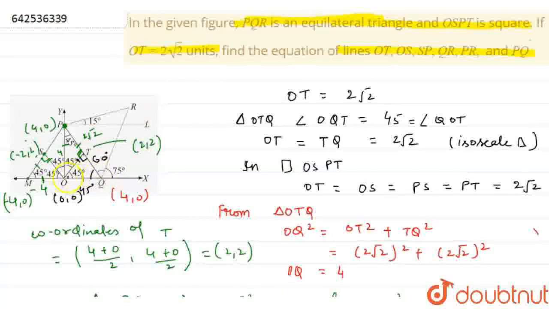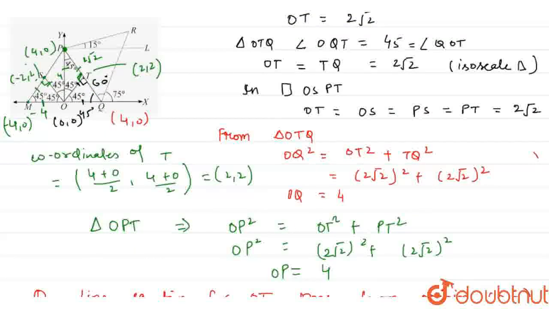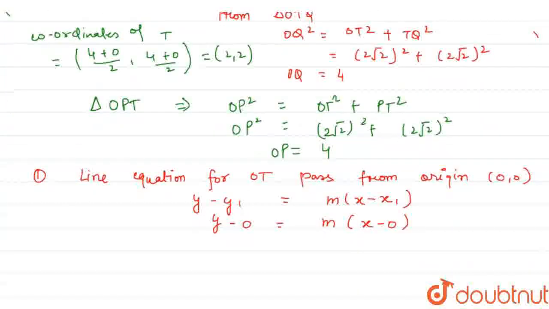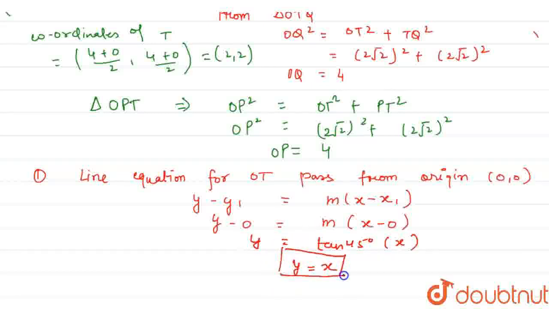This is a simple right angle triangle, so this will be tan 45. Okay. So we will put the value of m, the slope, in this expression. This is y is equal to tan 45 into x. So y is equal to x. So this is our line equation for OT.